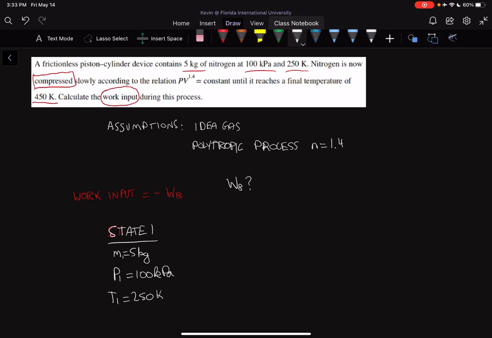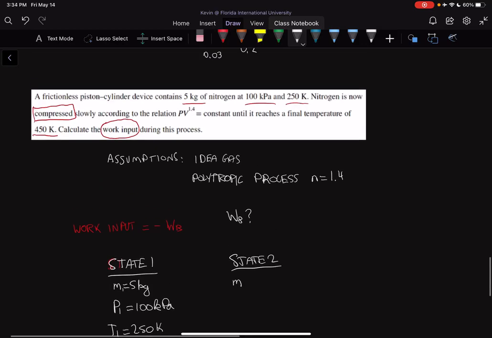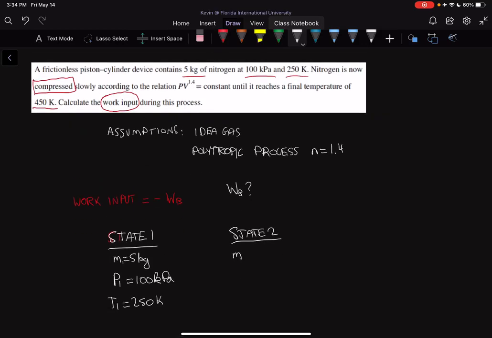We're also told that at state 2, our mass is still going to be the same. We're not told that it escapes or anything like that, and we're told it's in a piston cylinder device. So mass 2 is equal to mass 1, and temperature 2 is equal to 450 Kelvin.